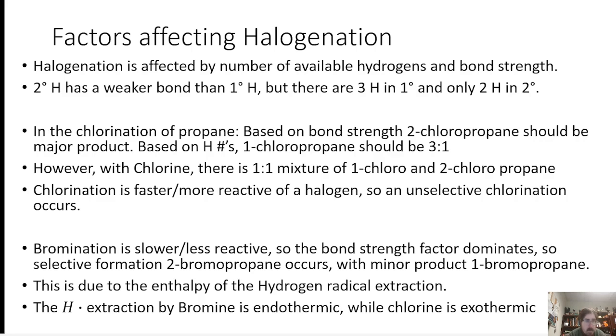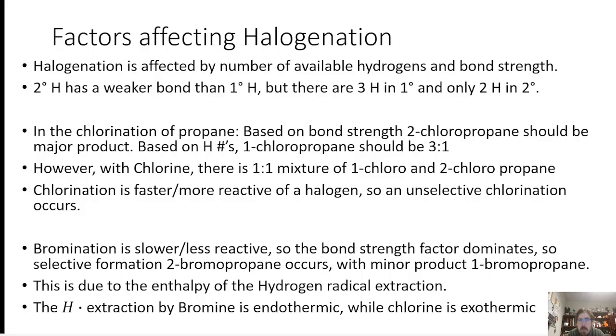Halogenation will then go on to attack the hydrogens of the carbons. But there are many different types of hydrogens on carbon. So what controls where the chlorine reacts? And so that's what we're talking about here.